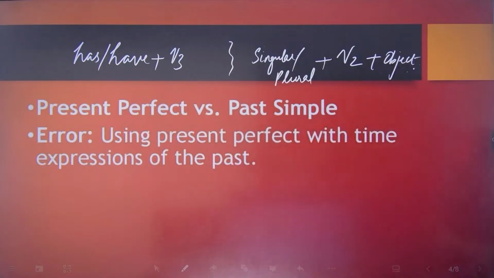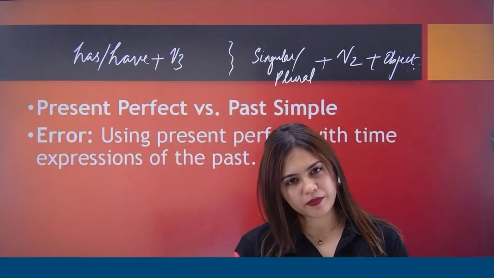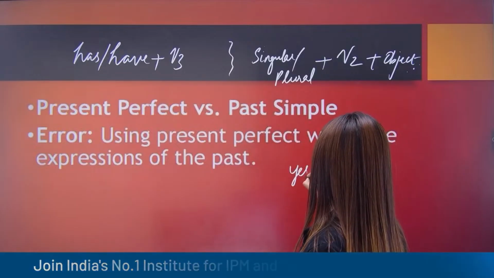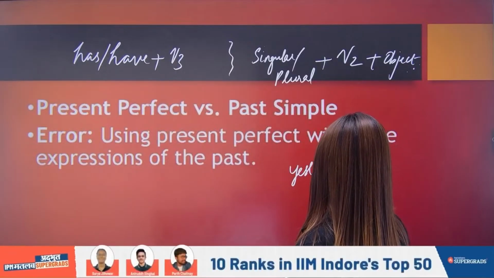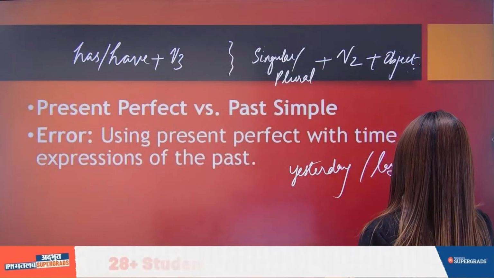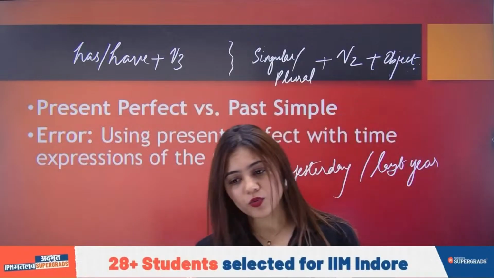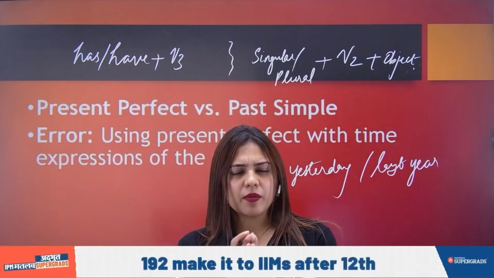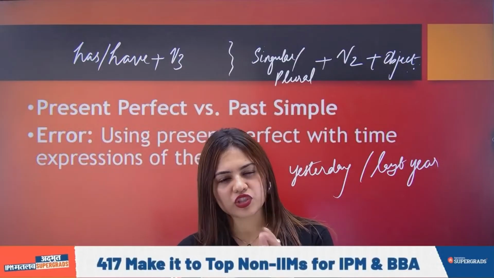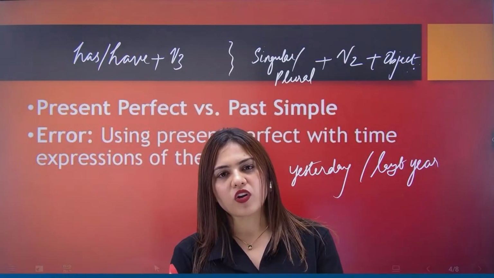So, error is using present perfect with time expressions of the past. हमेशा याद रखना, never use present perfect with definite time markers. Now, what are definite time markers? Like yesterday, last year, or probably a year that has been given to you, in 2005. अगर तुम्हें वहां पे डेफिनेट टाइम मार्कर्स दिख गए हैं तो वहां प्रेजेंट परफेक्ट यूज करके कुछ नहीं होना है, except for one wrong answer.